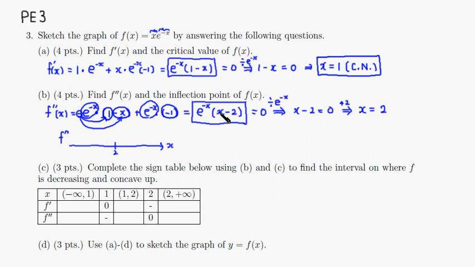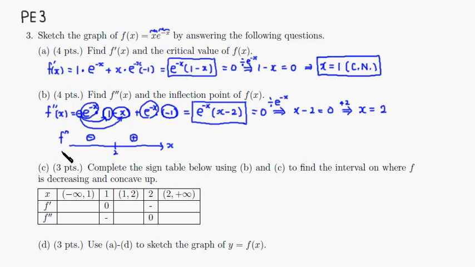You can see that 1 minus 2 is negative, and e to the negative x is positive, so it's negative here. After 2, we can try x equals 3. 3 minus 2 is positive, and e to the negative x is positive, so you have a positive sign here.